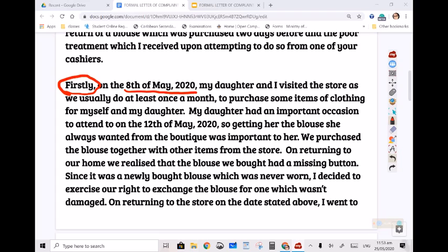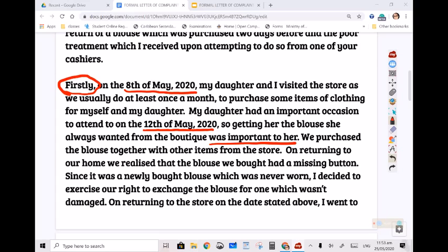So firstly, on 8th of May 2020, my daughter and I visited the store as we usually do at least once a month to purchase some items of clothing for myself and my daughter. My daughter had an important occasion to attend on the 12th of May. Again, we're using dates. So getting her the blouse she always wanted from the boutique was important to her. We are stressing how important it was that she get the item.